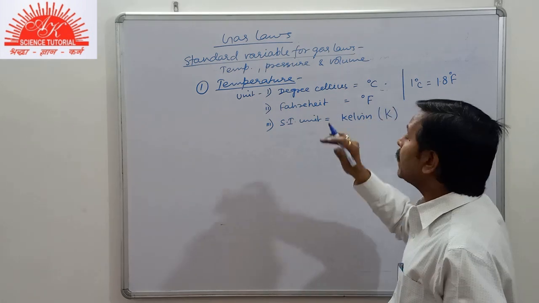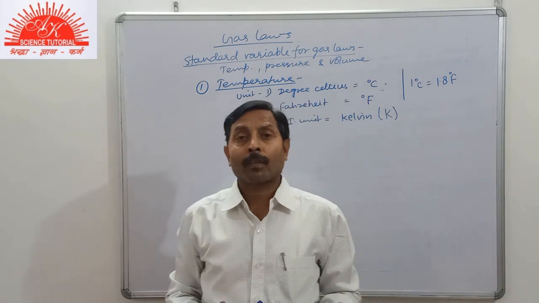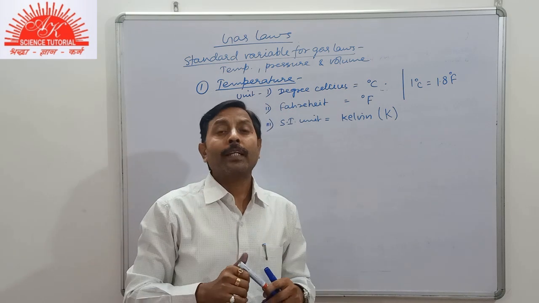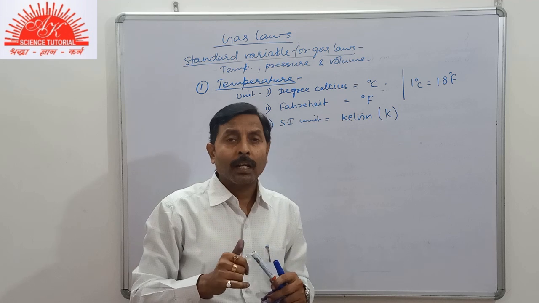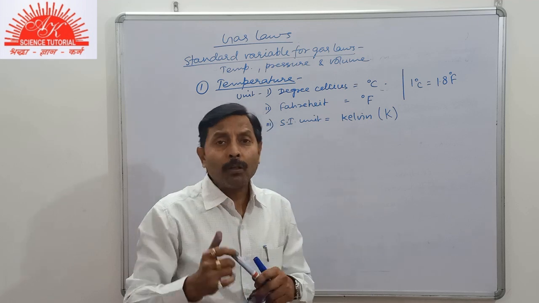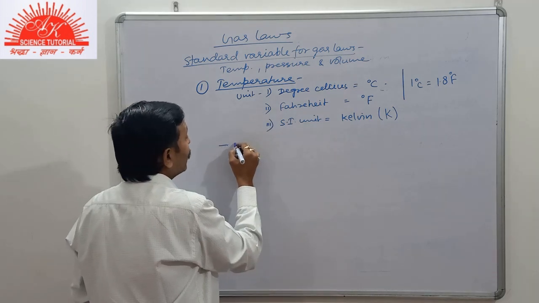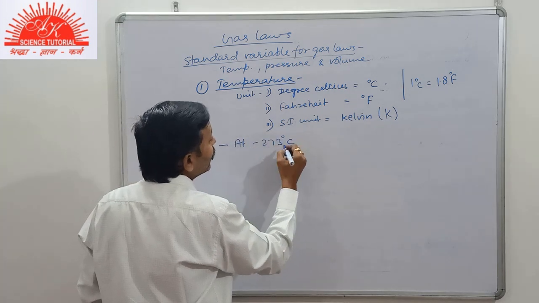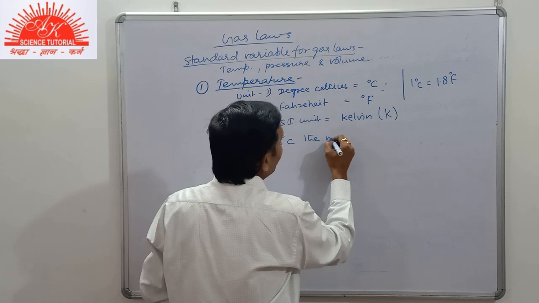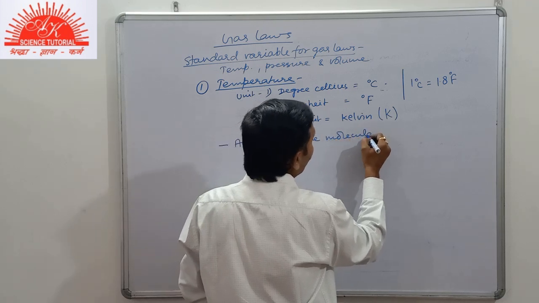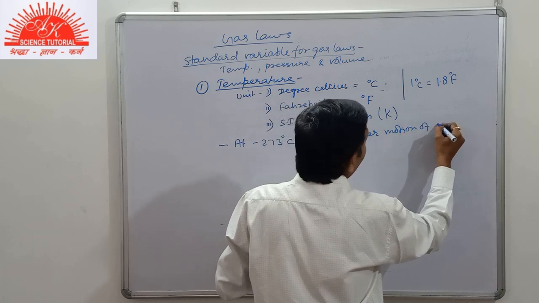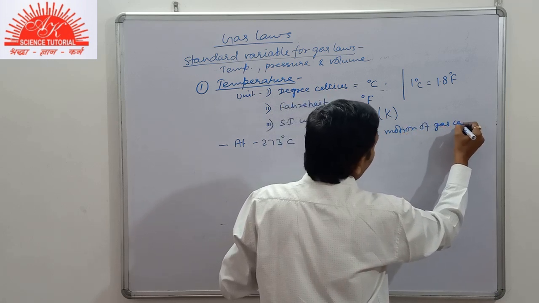Now, how is this scale designed? When the temperature of a gas is decreased, it is found practically that at minus 273 degrees Celsius the molecular motion of the gas ceases.